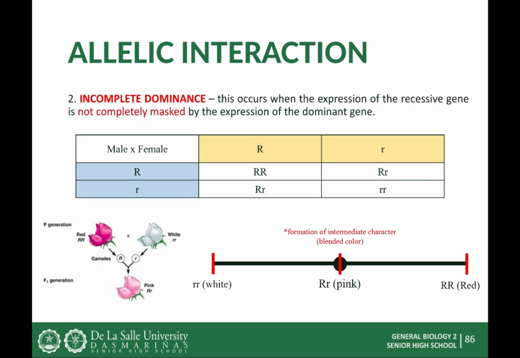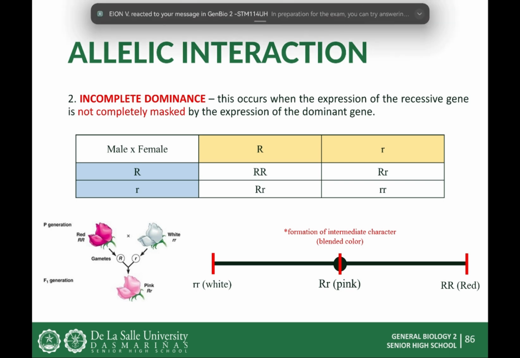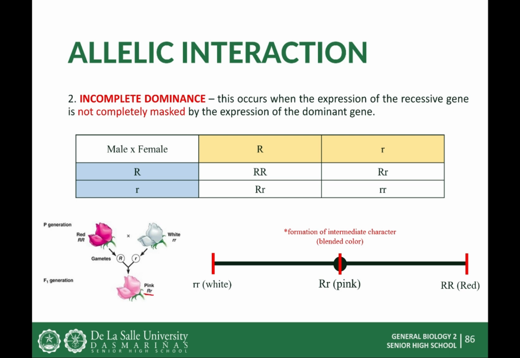Now, how about incomplete dominance? In incomplete dominance, the recessive gene is not completely masked. So therefore, the dominant phenotype and the recessive phenotype are both expressed. However, both phenotypes are mixed together, expressing a different phenotype. An example of this is pink in color. If you have a color palette and you mix red and white, you can get a pinkish color.